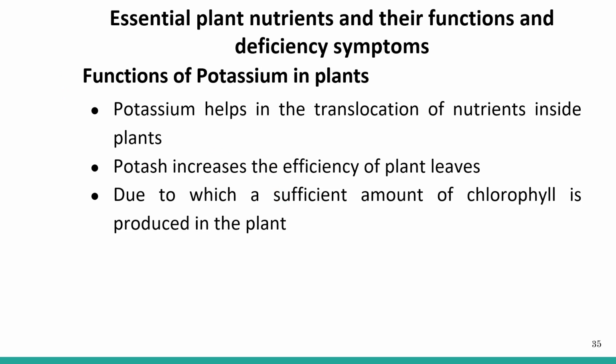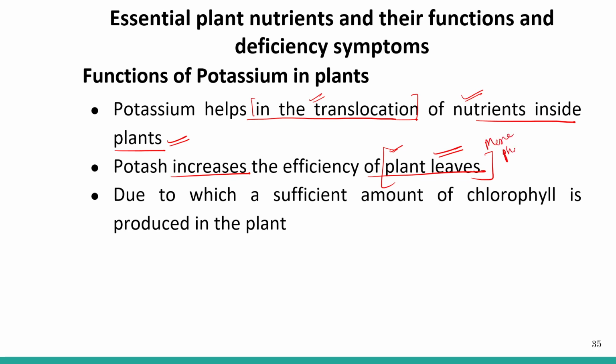What are the following important functions? Potassium helps in the translocation of nutrients inside the plant. So not only is it required for the plant's functions, but it also helps in the translocation of other nutrients. Potash increases the efficiency of the plant leaves, and if they are more efficient, that means more photosynthesis, so the production of the plants can be increased if we use potash, that is, potassium.